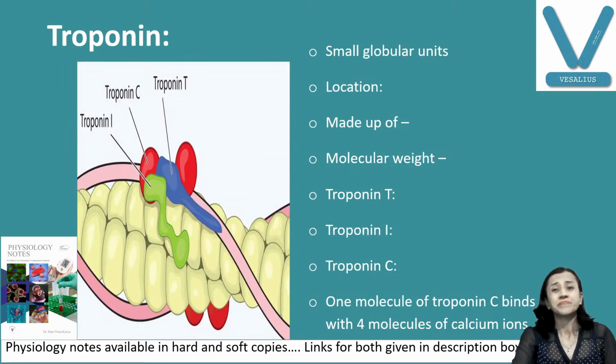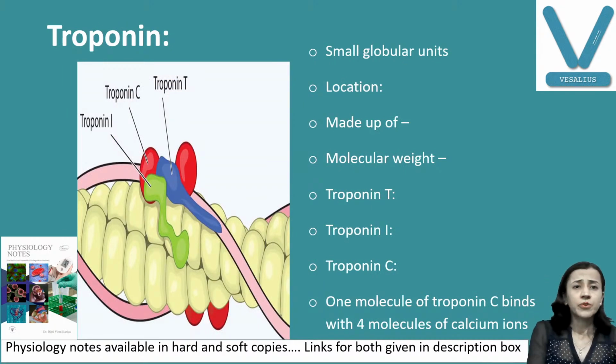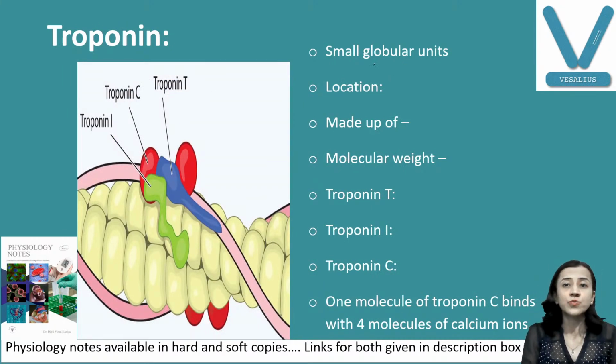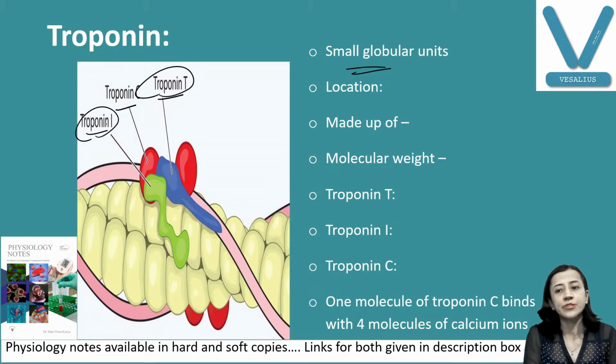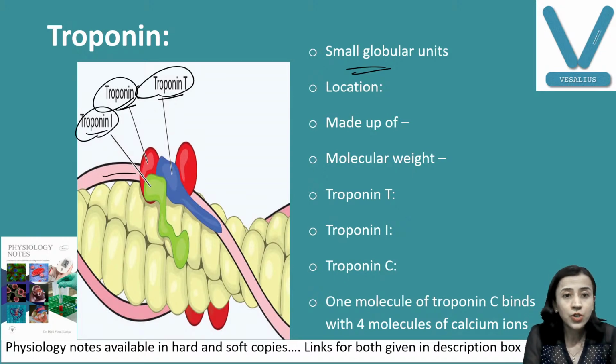Another important protein is troponin. These are also small globular units. You can see here troponin. They are of three types: troponin T, troponin I, and troponin C. Here you can see these are located at intervals along the tropomyosin. So troponin T binds to tropomyosin.